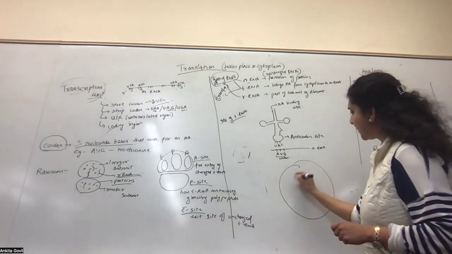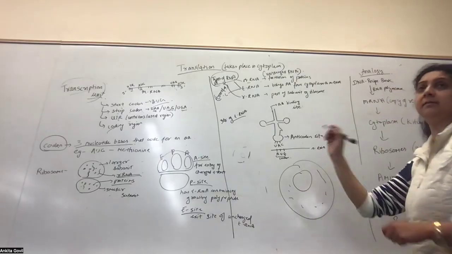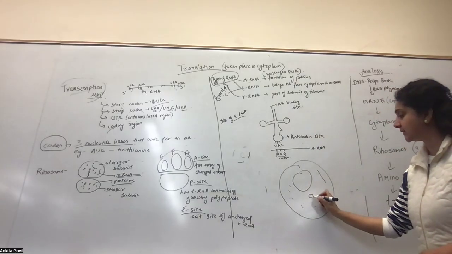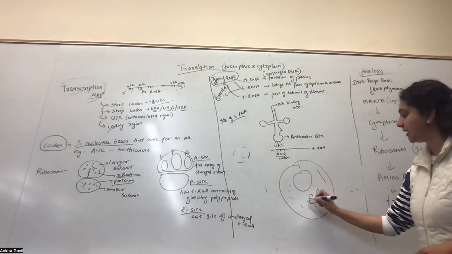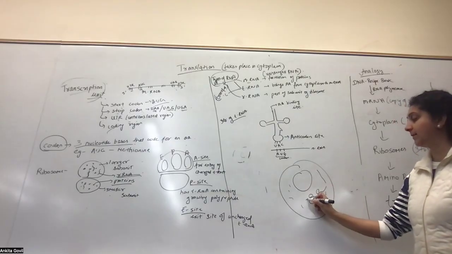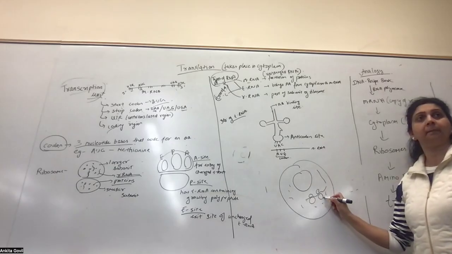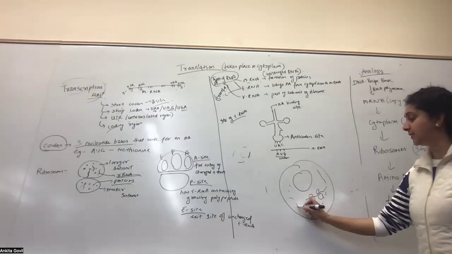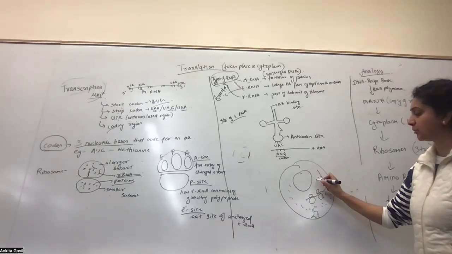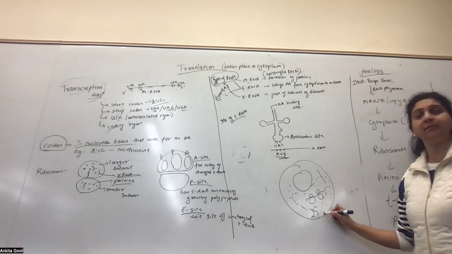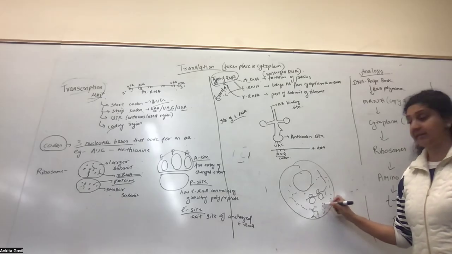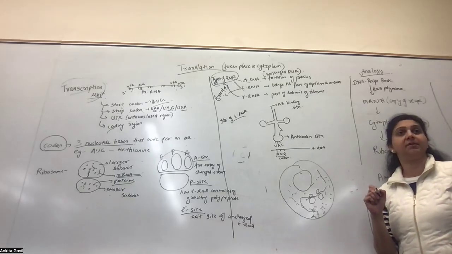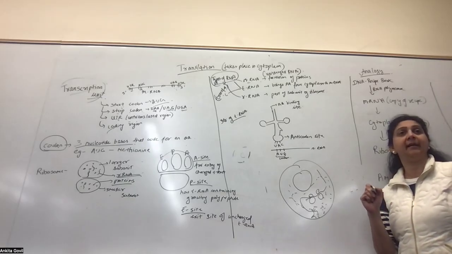So in the cell, let me make it further clear. If you remember, this is the nucleus and this is all cytoplasm, right? Now this synthesis is taking place in the cytoplasm. This is the mRNA, these are the ribosomes. Now this tRNA is bringing the amino acids from all over the cytoplasm and brings them here to the ribosomes and mRNA.